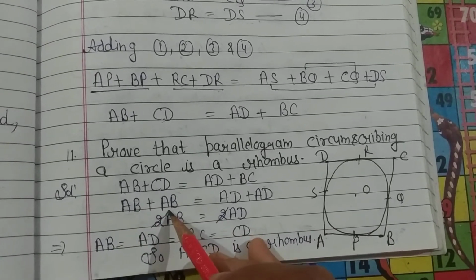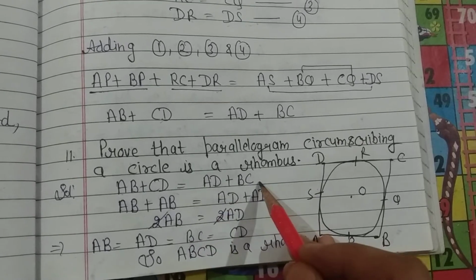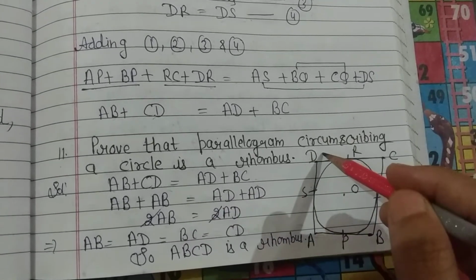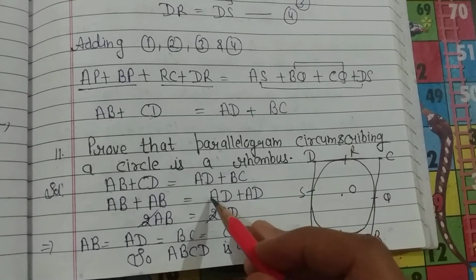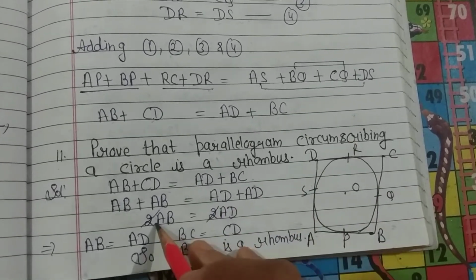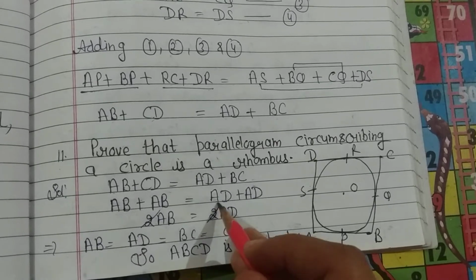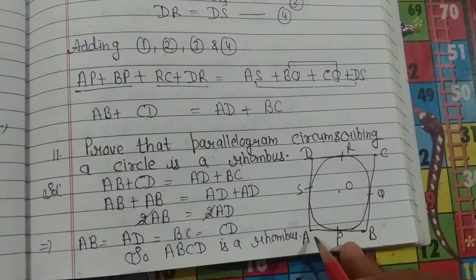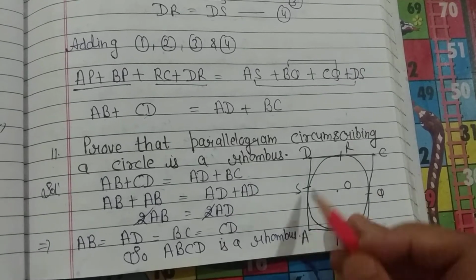AB plus AB, and AD plus BC. Now, BC is equal to AD because of the parallelogram. So AD plus AD. Twice AB is equal to twice AD. Cancel out 2 by 2. So AB is equal to AD.